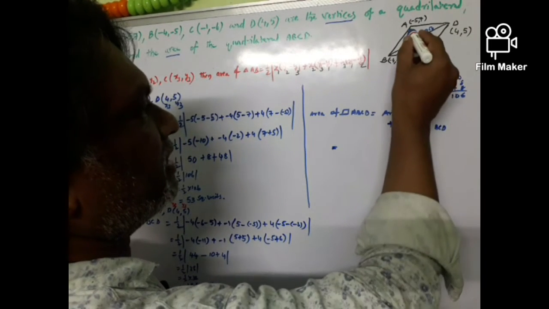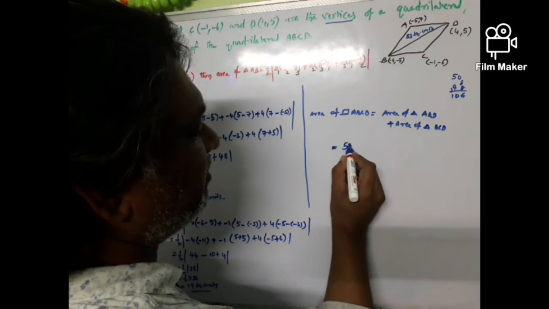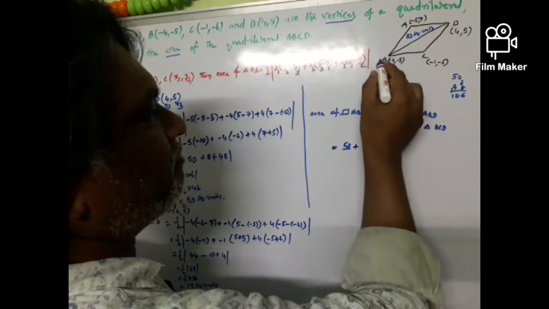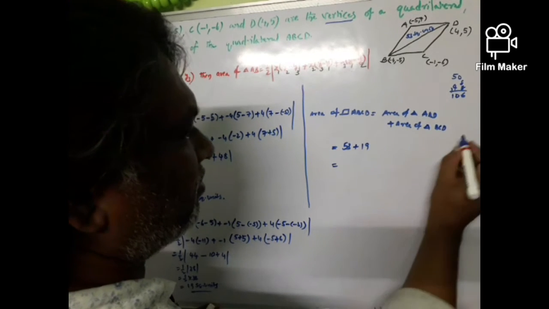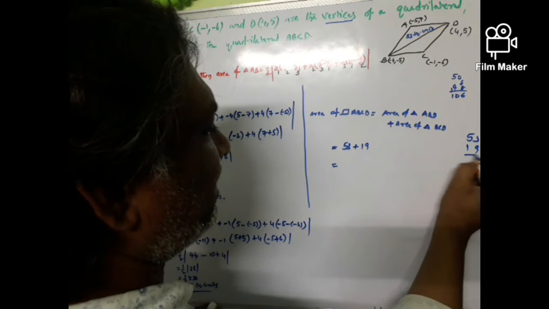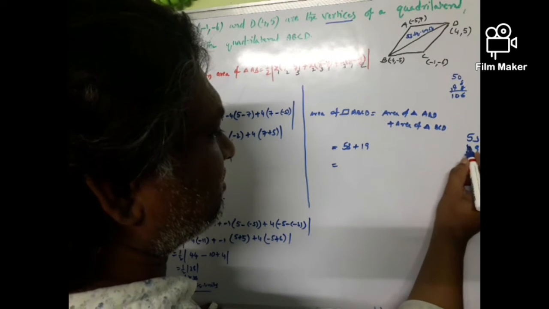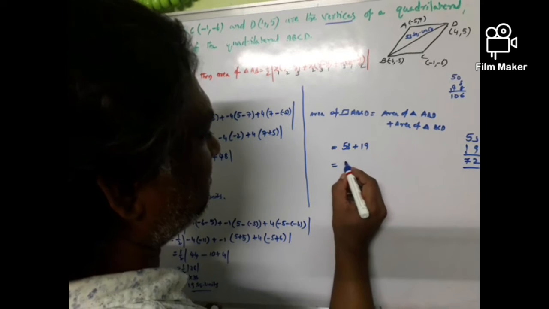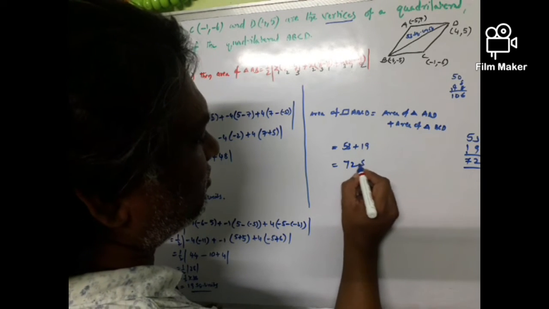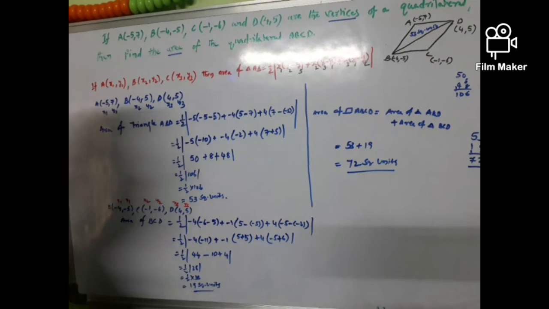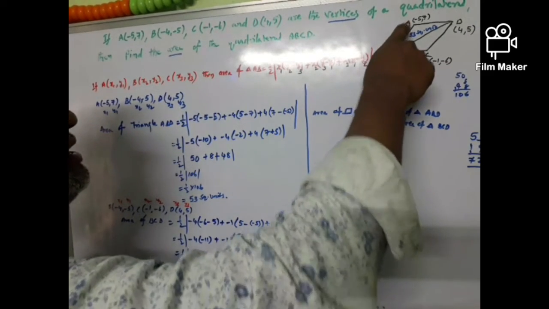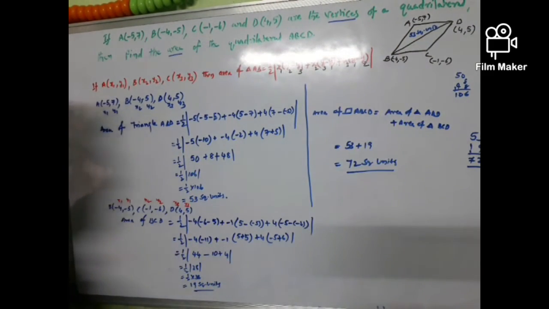So the area of ABD is 53 square units plus the area of BCD is 19. Add 53 and 19, we get 72 square units. This is the area of quadrilateral ABCD.